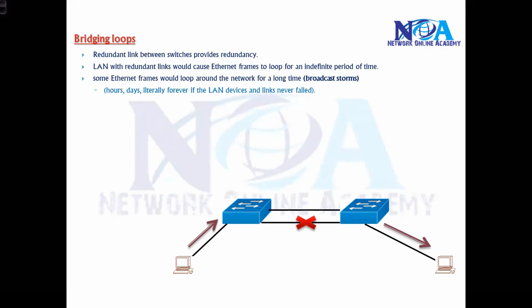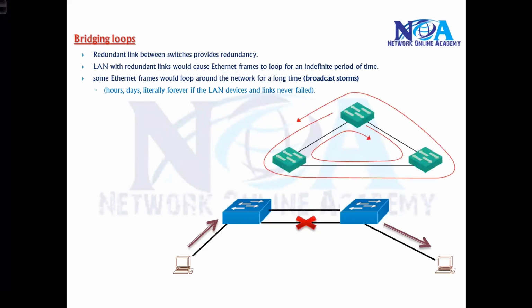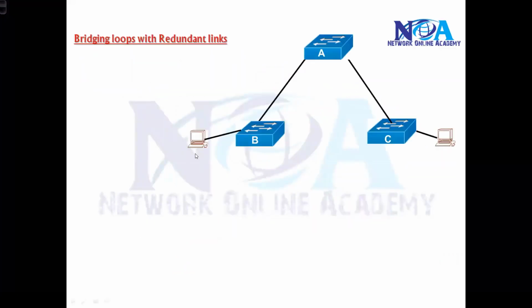So let's see how exactly it happens. Assume both the links are working in my network. Taking this example, if the computer here wants to communicate with another computer on switch C, the packet goes from the computer to the switch.